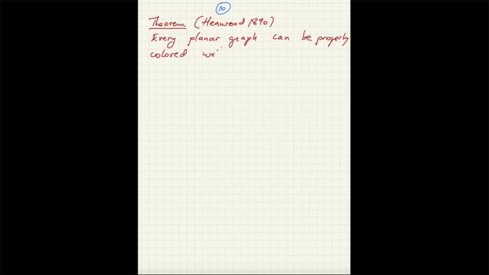So let's prove the following theorem, due to Heawood from 1890, that every planar graph can be properly colored with 5 colors.